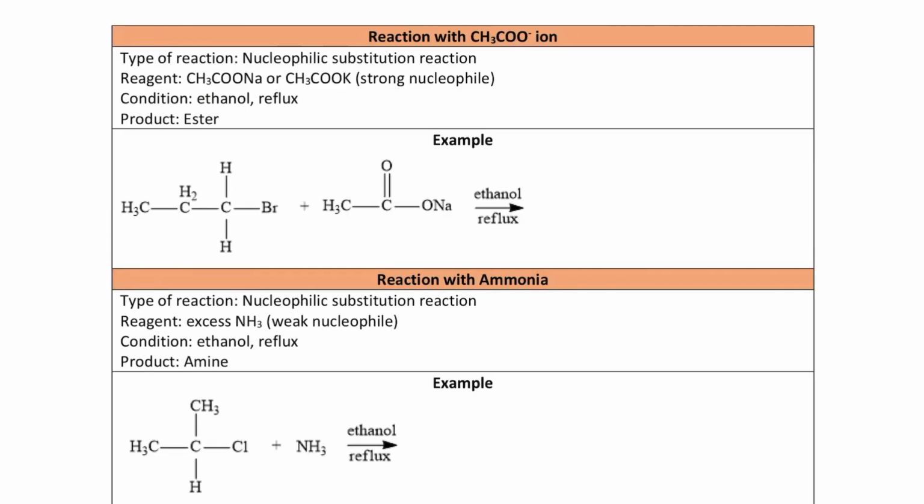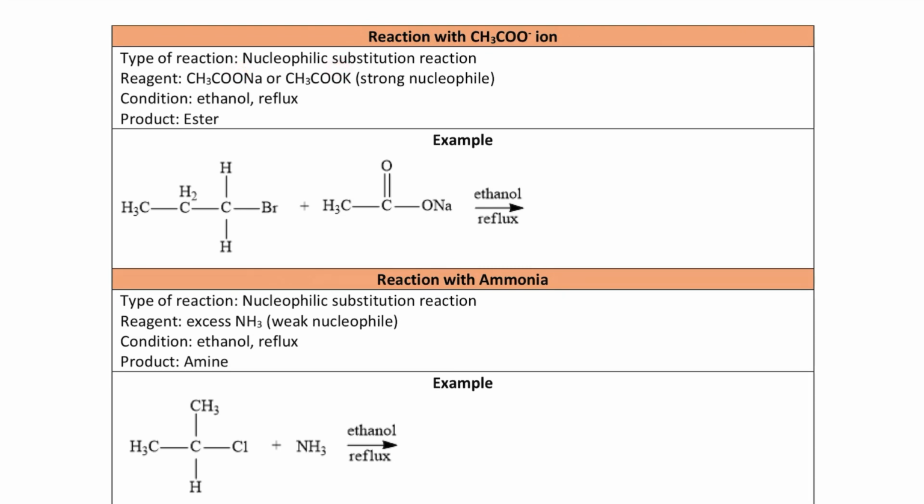So next reaction with CH3COO minus ion. CH3 ni boleh replace dengan alkyl group yang lain lah. So type of reaction still the same, nucleophilic substitution reaction. Reagent kita CH3COONa ataupun Na can be replaced with K. So since involve metal, so we know that this is strong nucleophile. Na is Na+, so dia punya nucleophile adalah CH3COO-.